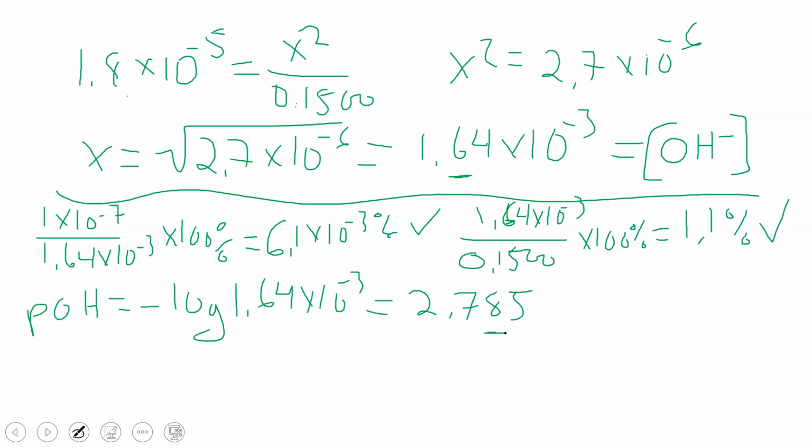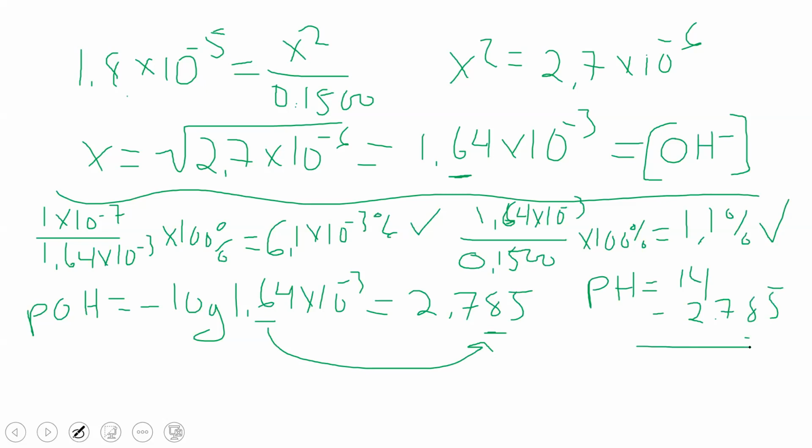We have three, because we have 2 sig figs there. And so 2 sig figs there mean we have 2 sig figs after the decimal. And so our pH equals 14 minus 2.785. And so we wind up with 11.21, right, as our pH, okay?